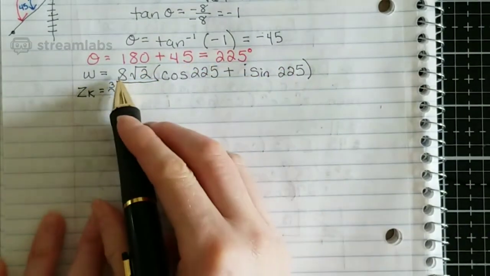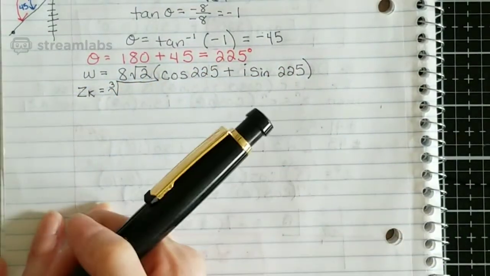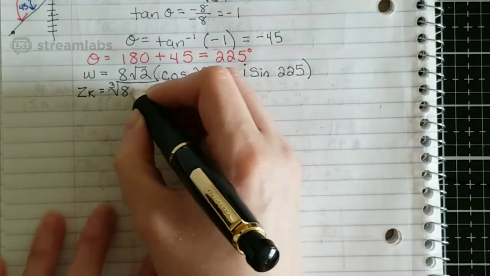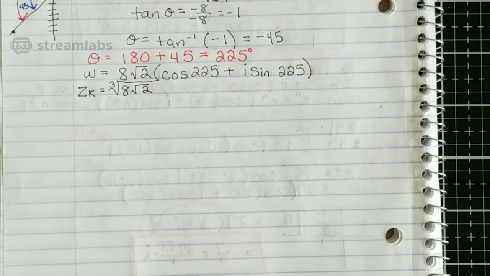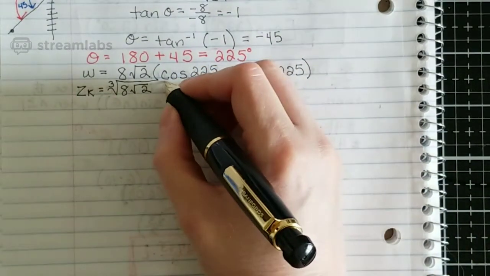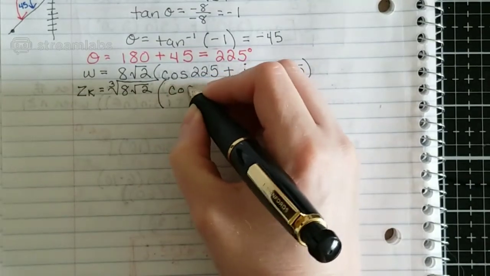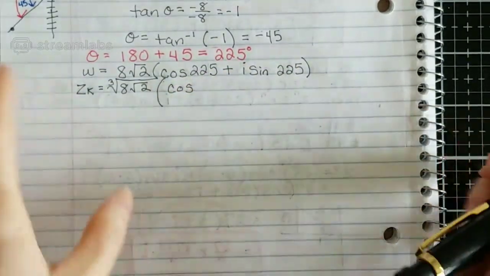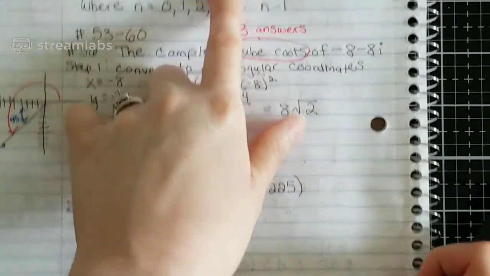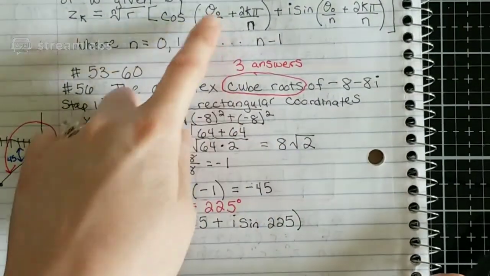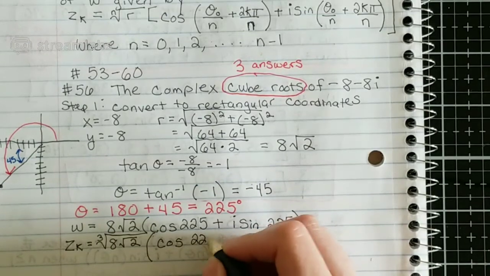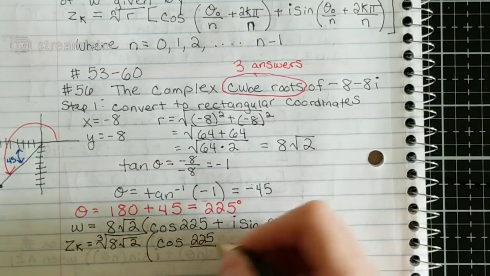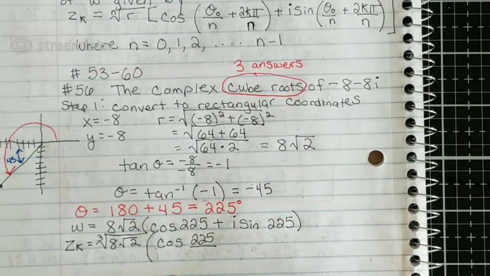And our r is 8 square root of 2. So this is going to be very ugly looking. We'll fix it though. All right, and then we're going to do the cos. Our theta goes on the top, so I'm literally just using this formula up here. So our theta is 225 divided by, and our n is 3.